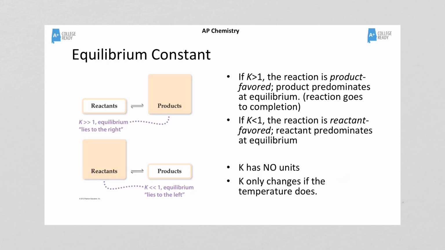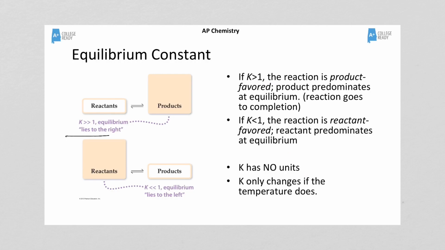When we're looking at the equilibrium constant, which is capital K, when we see that K is greater than 1, this is telling us that at equilibrium there are many more products than reactants, so products are favored.